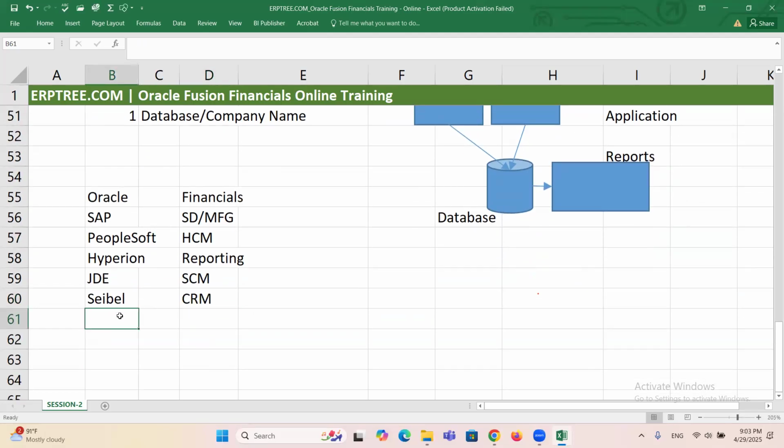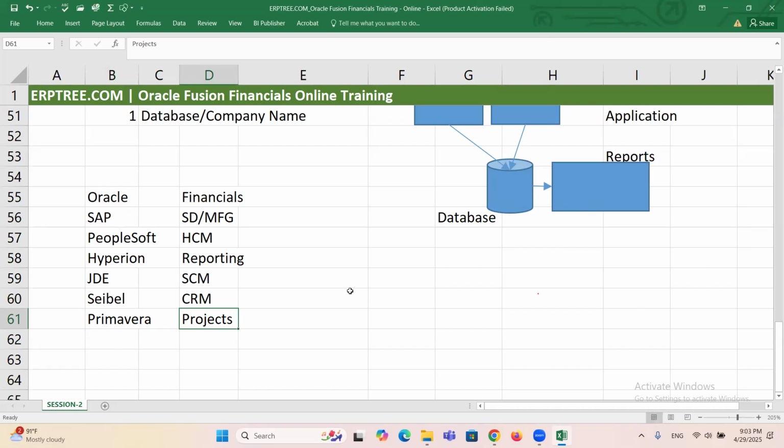We have an application called Primavera. From this, project scheduling is very famous. And this is how we have different products which are specialized in different areas.